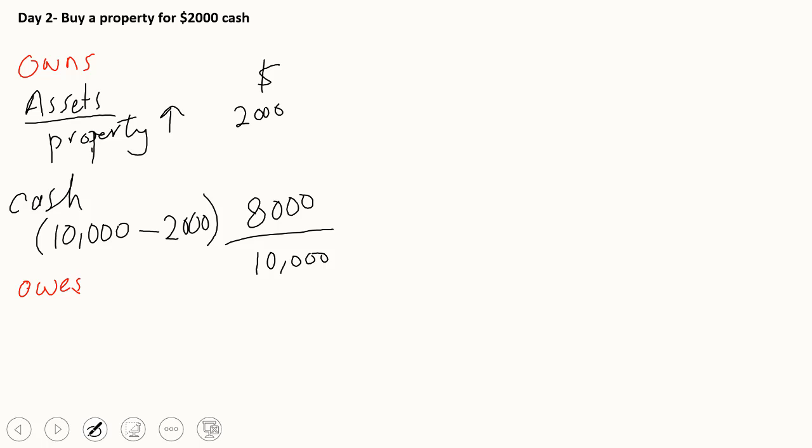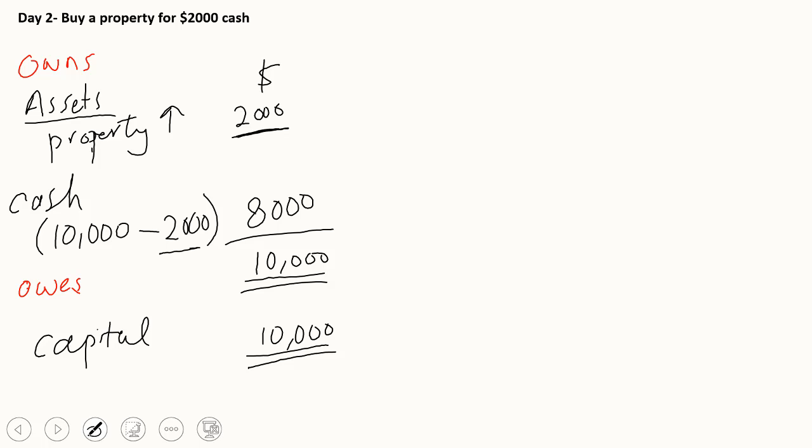No, because property was bought on cash and capital will still remain same as 10,000. So what's the dual effect of this transaction? Property has increased by 2,000 and cash has been decreased by 2,000.